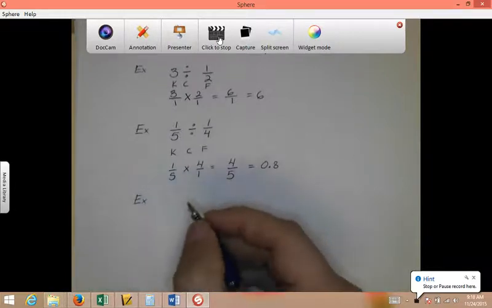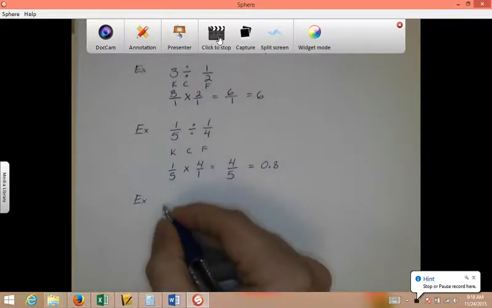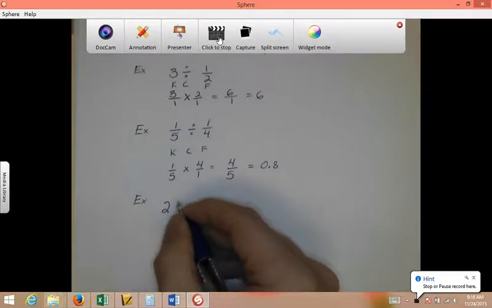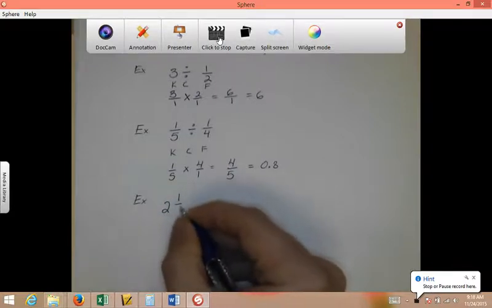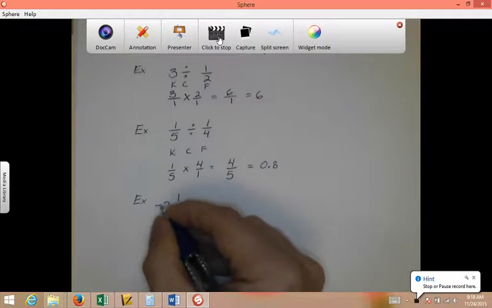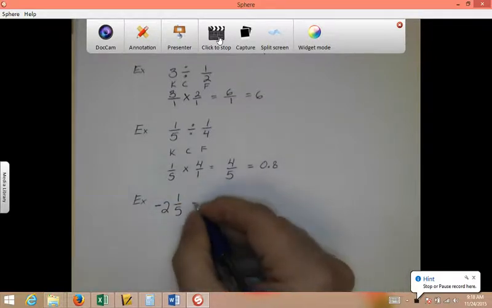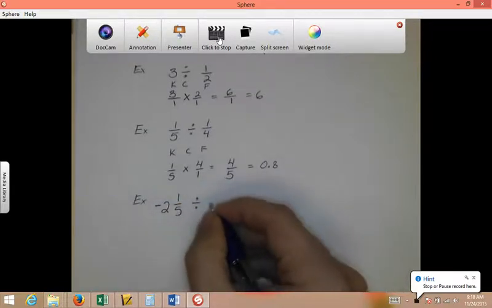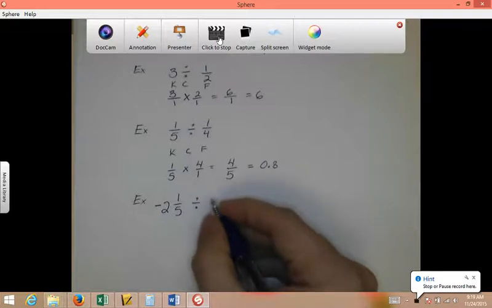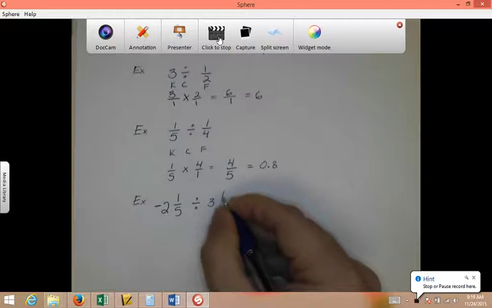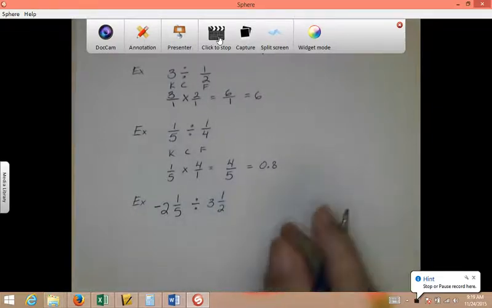This one will be about as difficult as it gets. 2 and 1/5, let's make that a negative, divided by 3 and 1/2. Whoa. Okay.